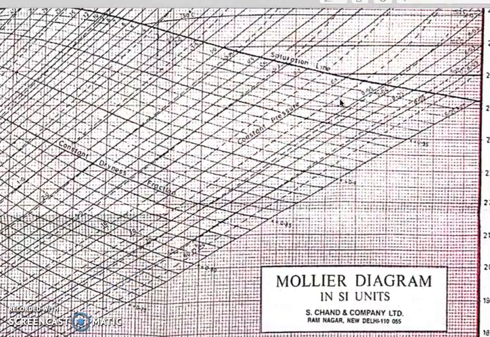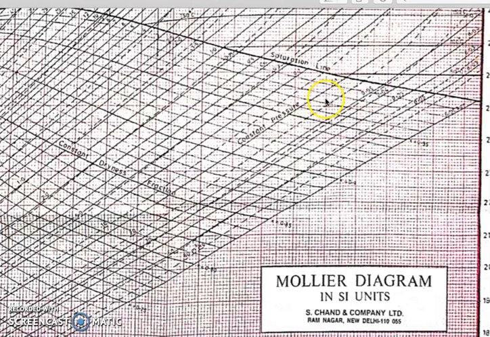The cursor is at this point, and at this point we have to read the parameters: enthalpy, entropy and the dryness fraction. For this, we will see the enthalpy from the horizontal matching point on this vertical enthalpy line.